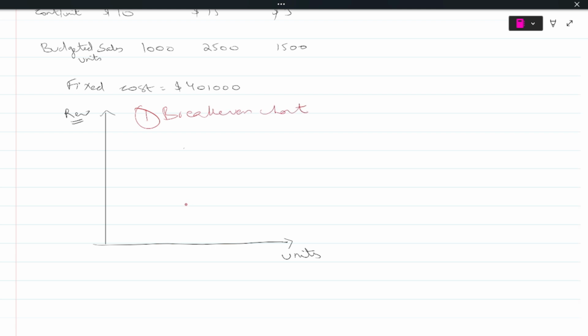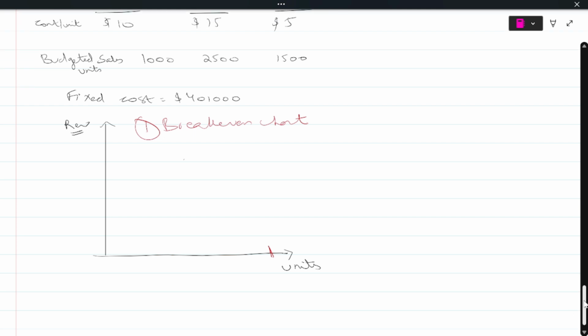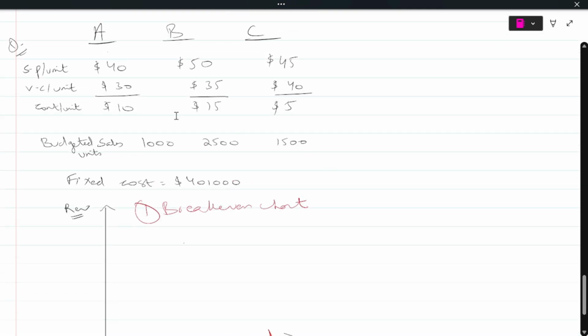Okay. Now, if you remember how we used to draw the graph, we used to always take the budgeted units as our maximum number on the x-axis, right? Now, budgeted sales unit, if you look in this question, we have 3 products.